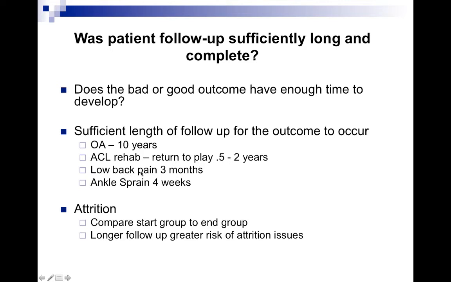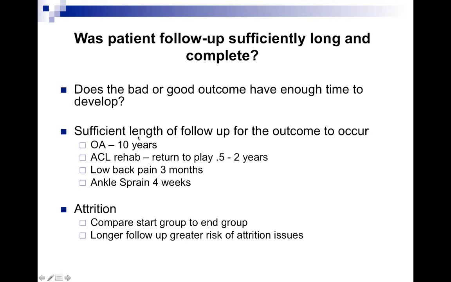For low back pain, we expect plateauing in recovery around 8 to 12 weeks, and so a 3-month time point to look at return to work for acute low back pain would be adequate. For ankle sprains, we expect recovery in the 4-week range, and so again, a lower time point for documenting return to play would be adequate.